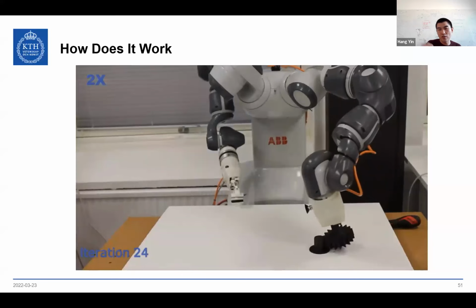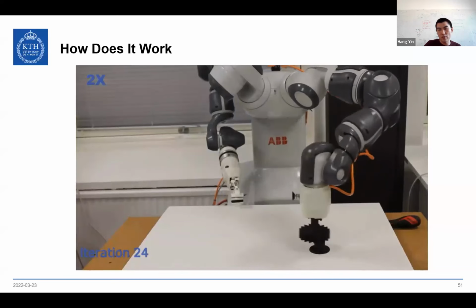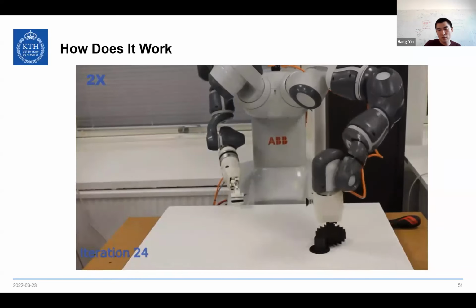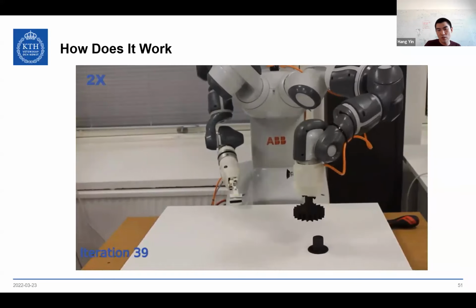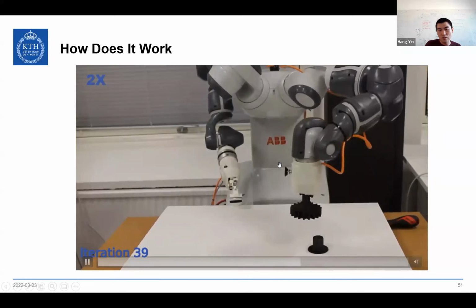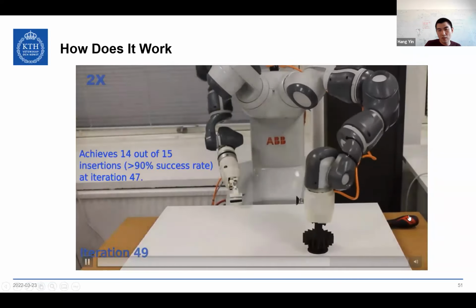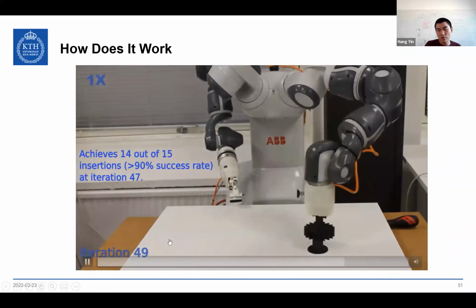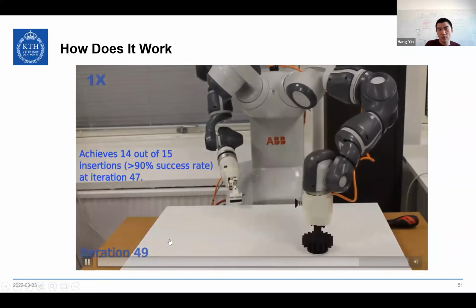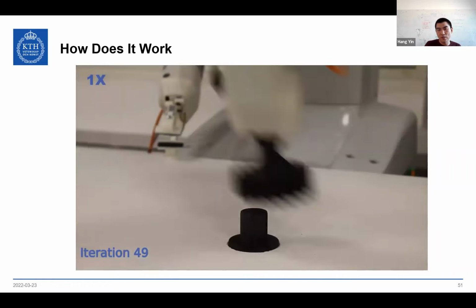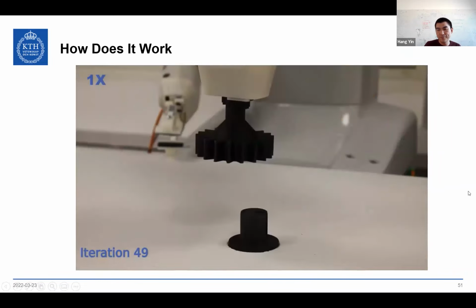So it saves a lot of exploration effort, I would say. And this jittering will definitely disappear when it realizes that it can stably do the insertion successfully. I think it takes more or less the same amount of rollouts to learn a good success rate.